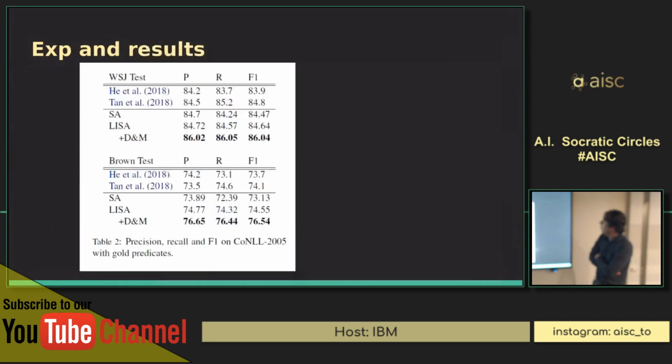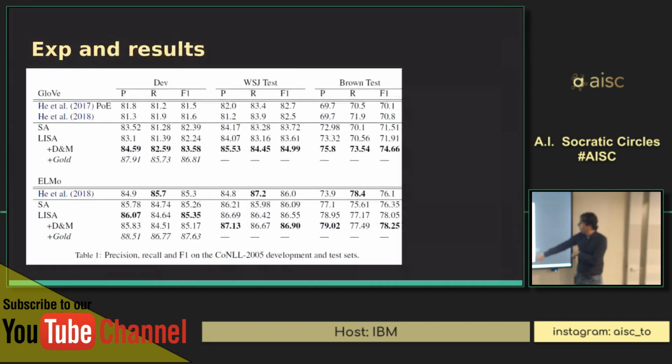So for most of these, you see in the Brown test a drop in performance. It's not going down 10 F scores, it's going down a few, like 5 to 6 F scores. More than that would be 10 or 12 F scores less, right? Yeah. So to some extent, yes.